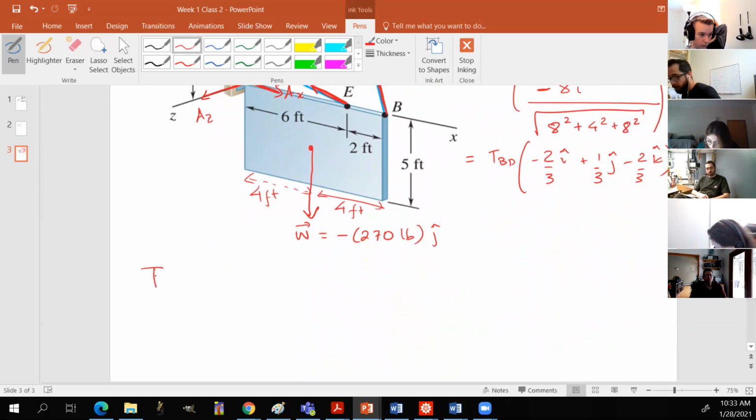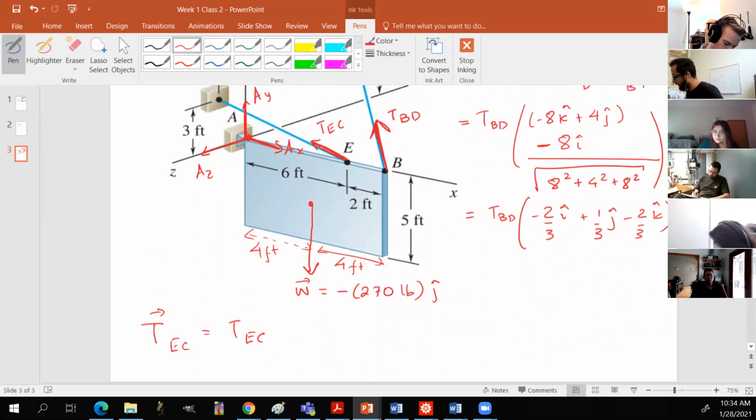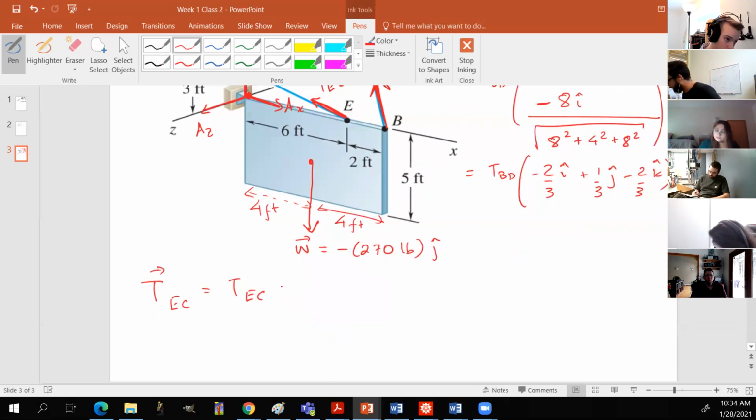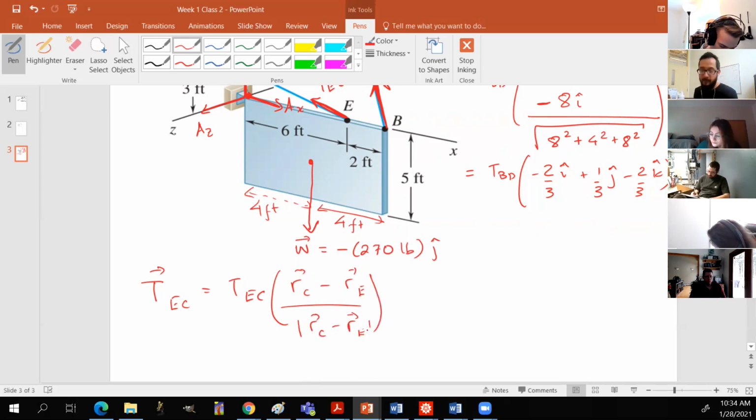Then doing the same thing for T_EC, right? That's going to equal T_EC times the unit vector going from E to C, right? So that's going to be equal to r_C minus r_E divided by the magnitude of r_C minus r_E, like that over there.